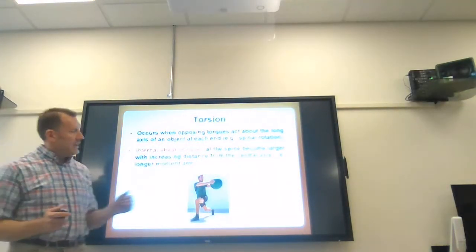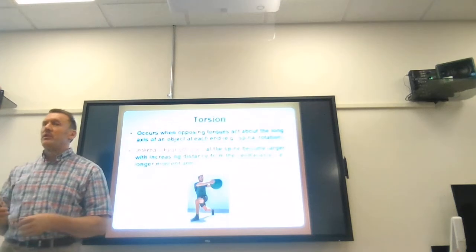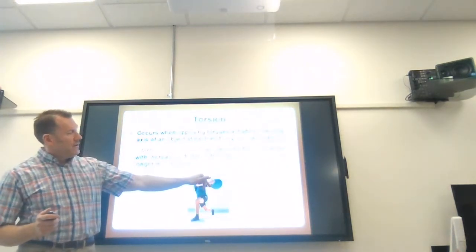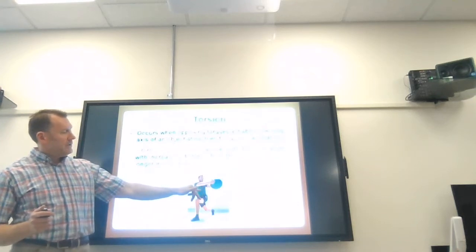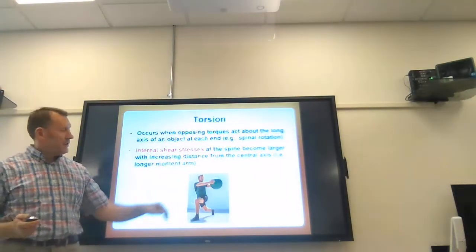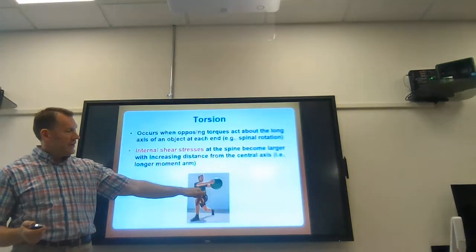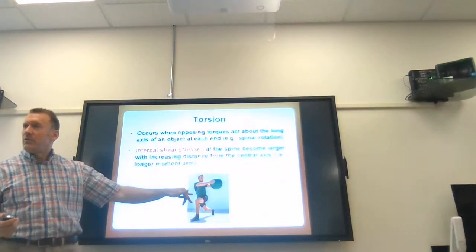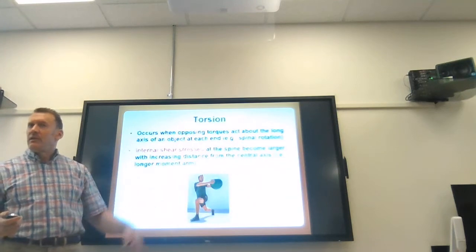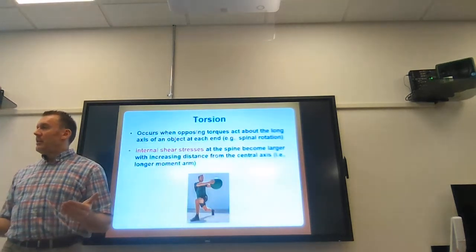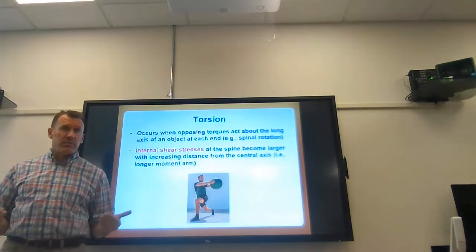So in this case, and just as a simple example here, we've got the torso turning to the left with the spine in the middle, and the pelvis, it's hard to visualize this, but the pelvis is isometrically fixed to the right. That is how it would work to maintain balance, because if you have two opposing torques acting on the body, they have to be equal or you would lose your balance.